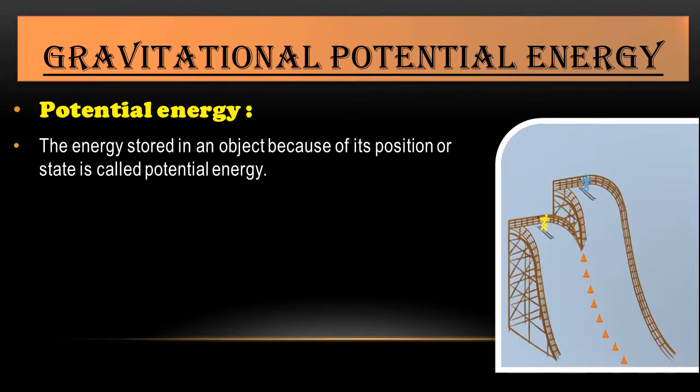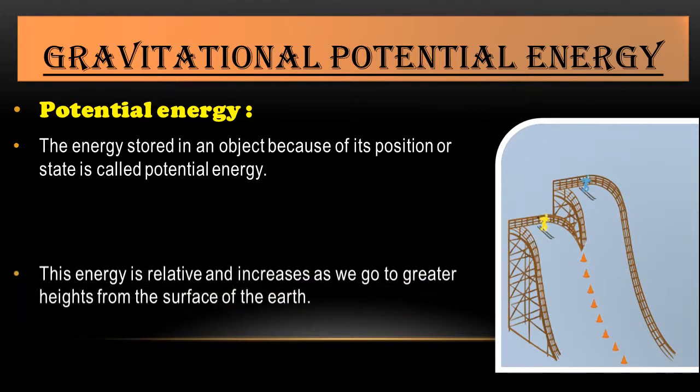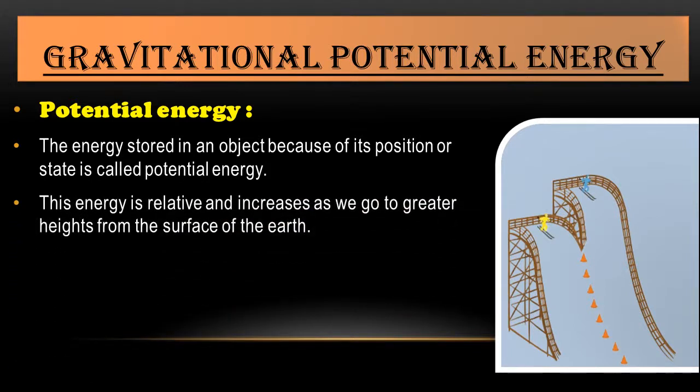This energy is relative and increases as we go to greater heights from the surface of the earth. That means as we move above the surface of the earth, this energy increases.